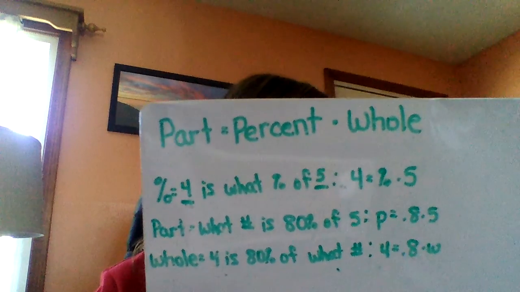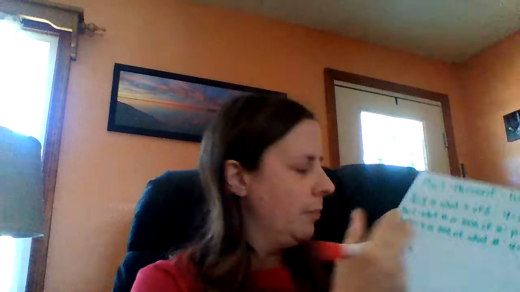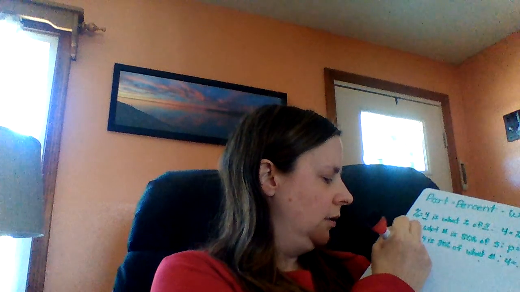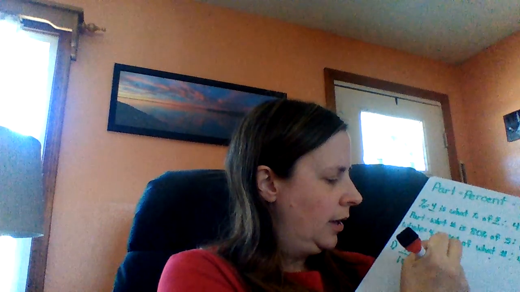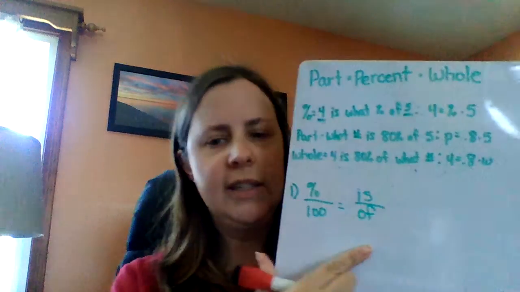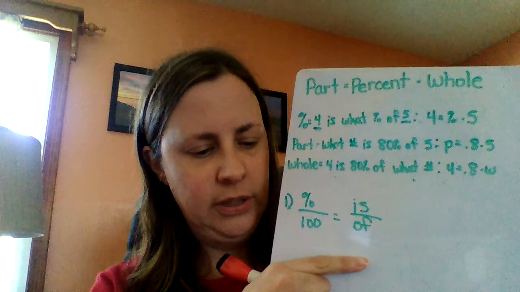Question number 1 says, determine if you are finding the part, percent, or whole. It says 53% of what number is 16. How I did that one: remember percent goes over 100, and then I have is and of.